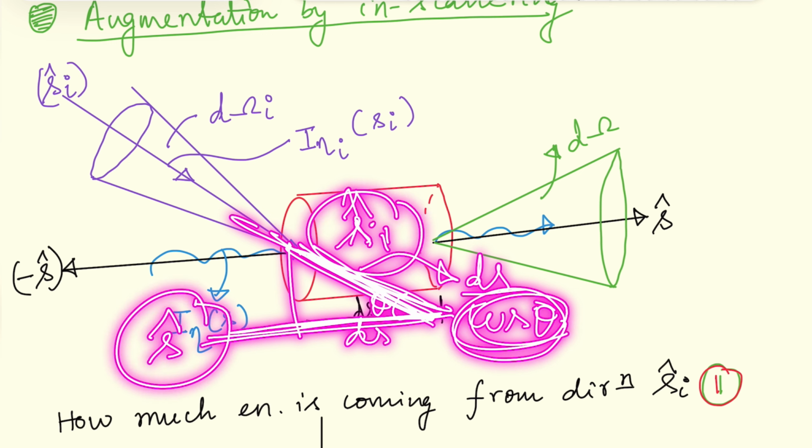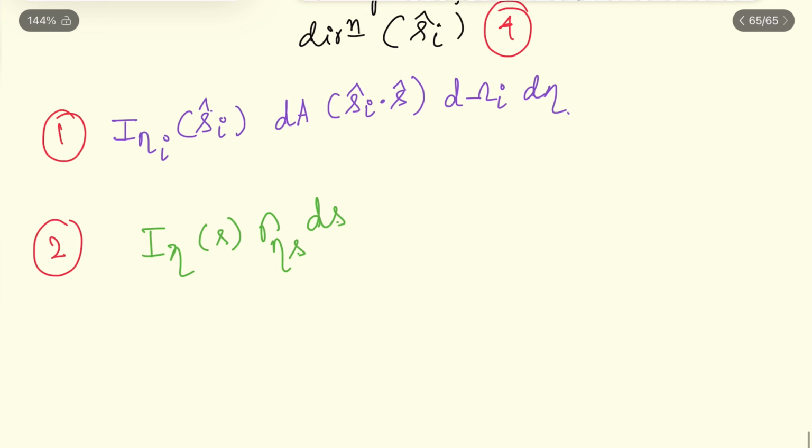So this length will be ds by SI cap dot S cap. So I need to multiply this by I eta sigma eta S ds, not dA.